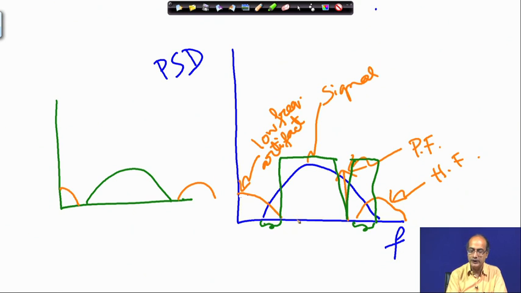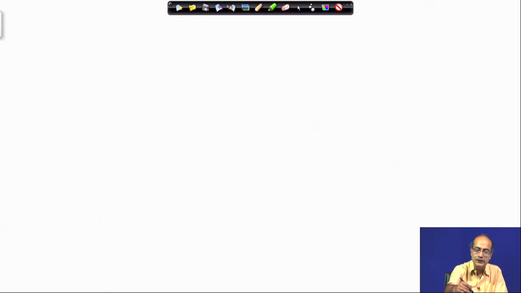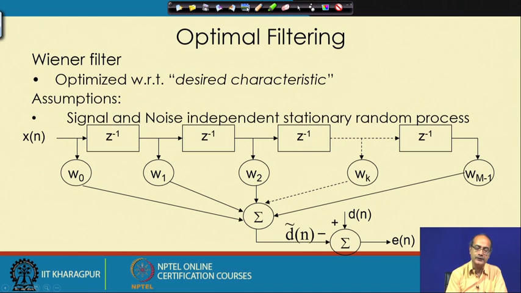Because here we cannot say simply that if I select it here, we can avoid all the noise energy without sacrificing the signal energy. Our goal should be to get as much of the signal energy as possible, but as little of the noise energy as possible. So, that is the part we can talk about as optimality.